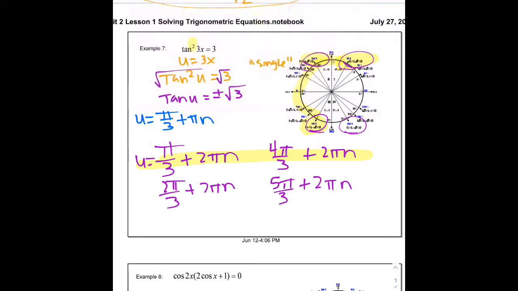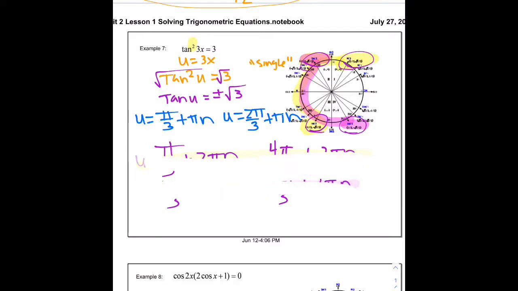If I look at 2 pi over 3 and 5 pi over 3, they also differ by pi radians. So I can rewrite those 2 statements more efficiently as 2 pi over 3, not plus 2 pi n, but pi n, and now you have taken care of those 4 statements, and you only have to do some work on 2 factors instead of 4.